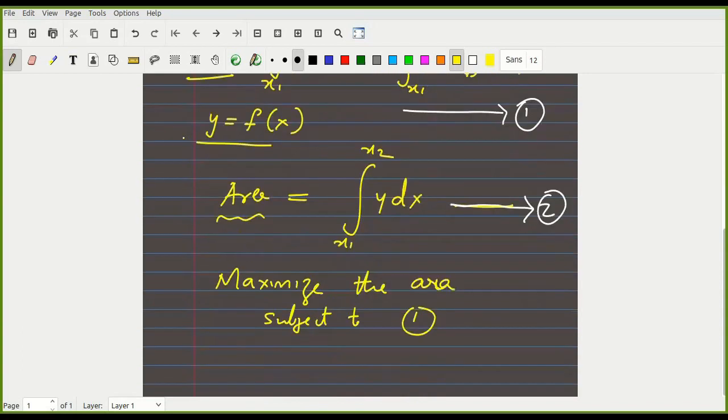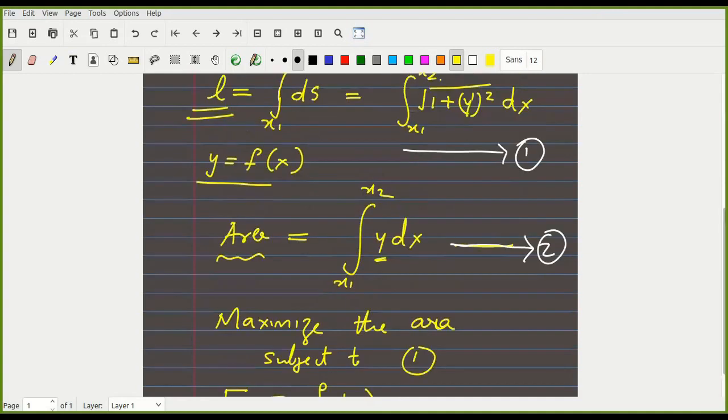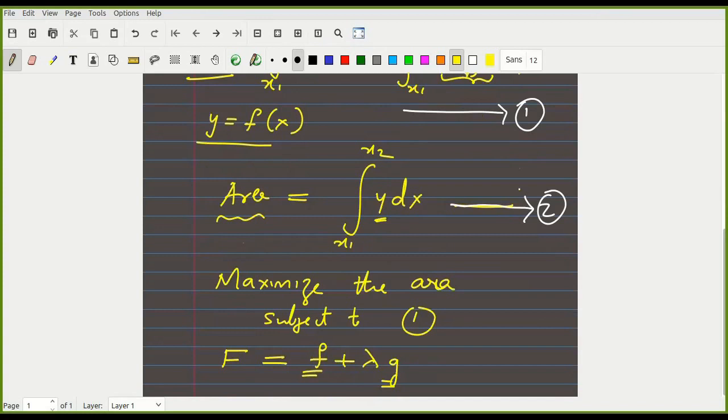So what is to be done here is that we consider a new functional f plus lambda g, where f is the functional corresponding to this one, and g is the functional corresponding to the earlier one, the arc length element, right? So this is your functional to be used for the Euler equations.